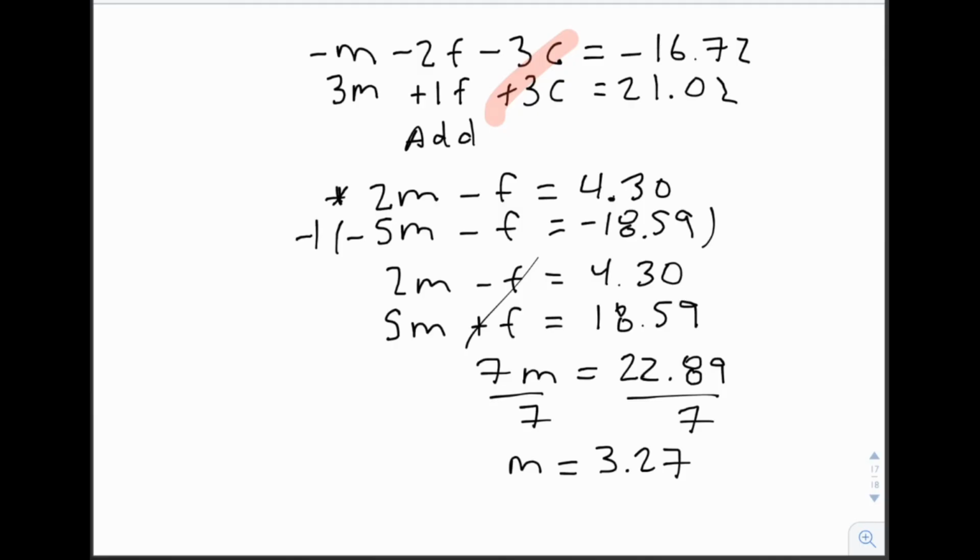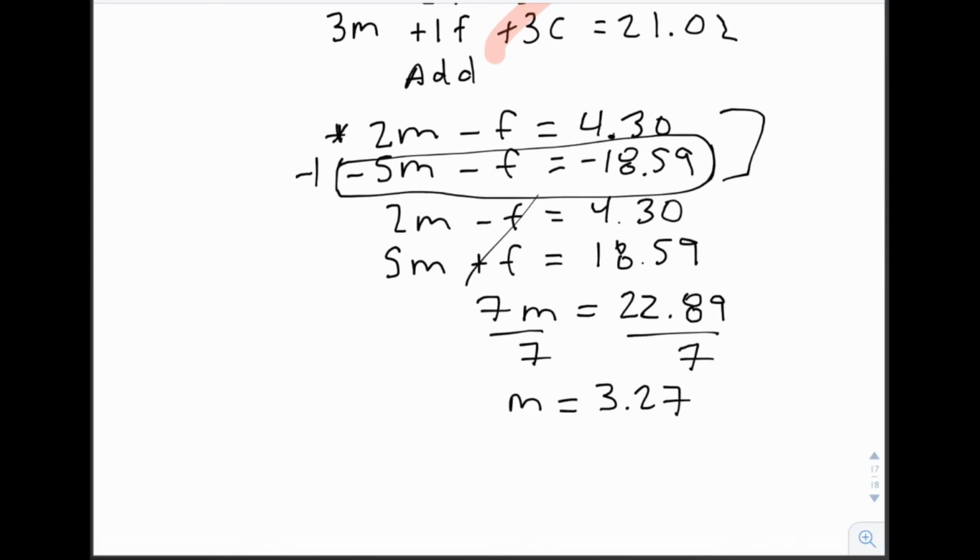So we found milk, and we can try to figure out what our flour cost is going to be from one of these two equations. Let's pick this bottom equation and plug it in for our F here. I'll write our original: negative 5m minus F is equal to negative 18.59. Let's substitute our m in there.